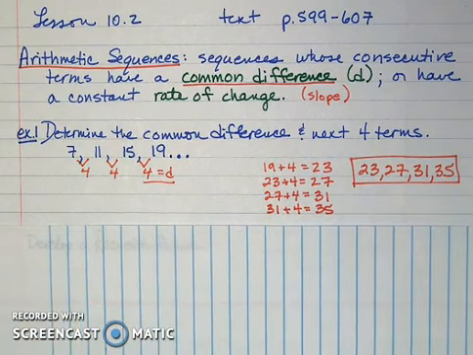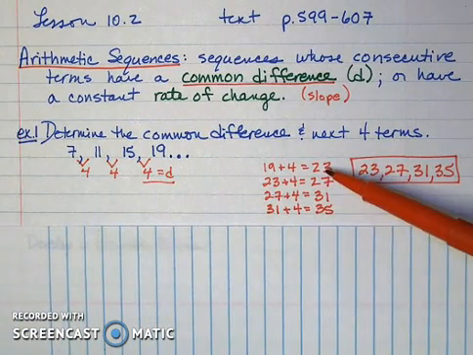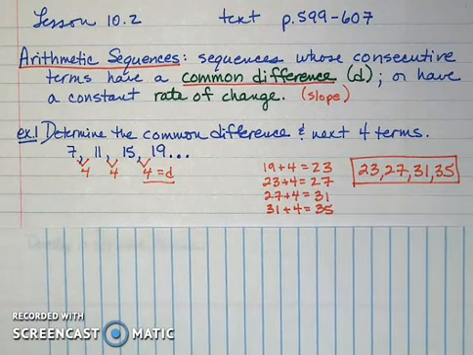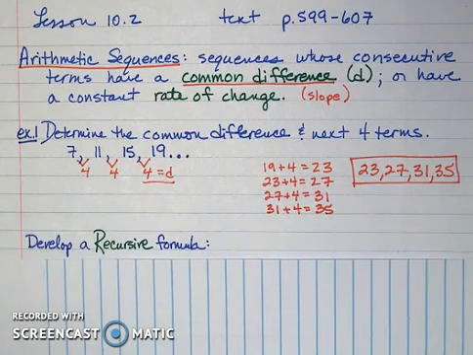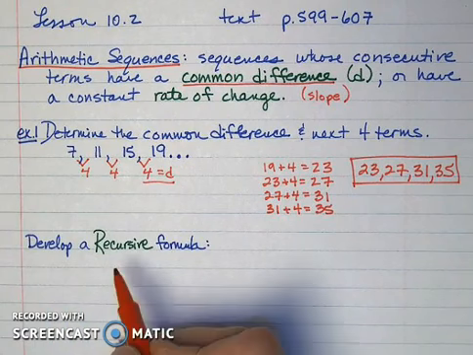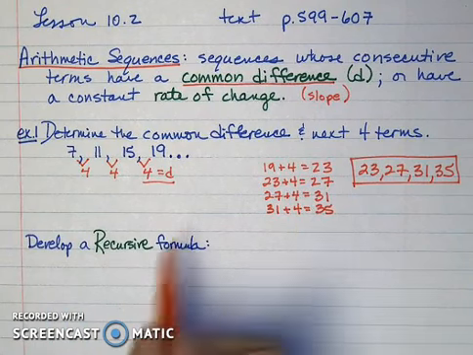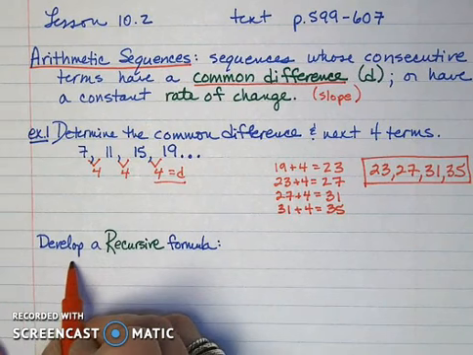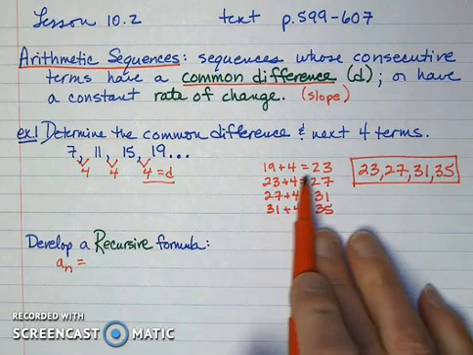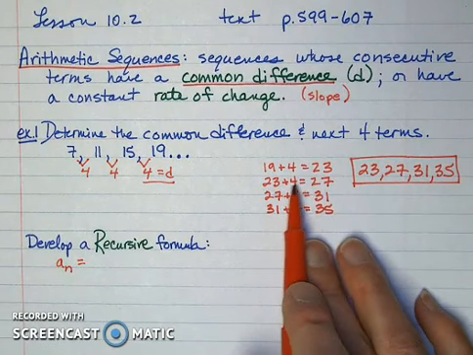Now the word you were looking for, where we use the previous term in the next term, is recursive. So let's develop a recursive formula for this pattern. To get any term, the a sub n term, we took the previous term and we added the difference.